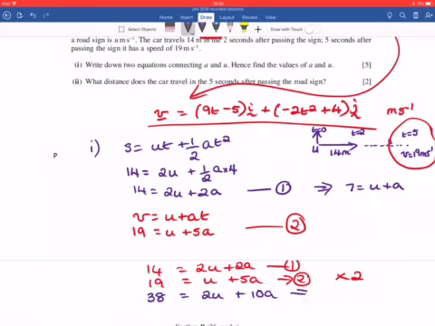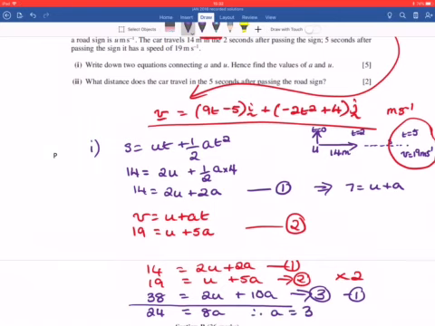Let's call this equation 3. Let's do 3 take away 1, and you should get 24 equals 8a. Therefore a equals 24 divided by 8, which is 3.